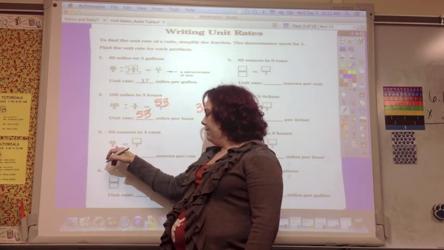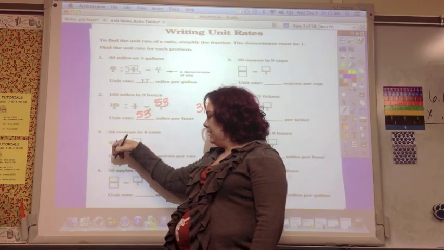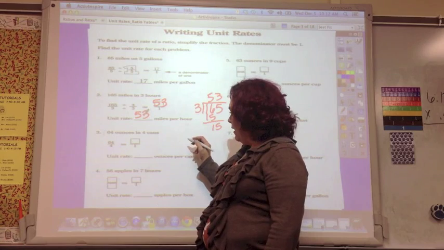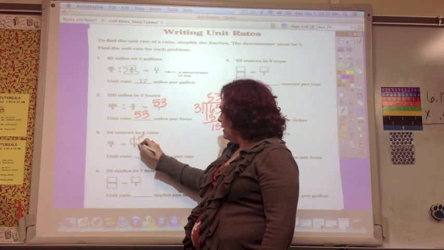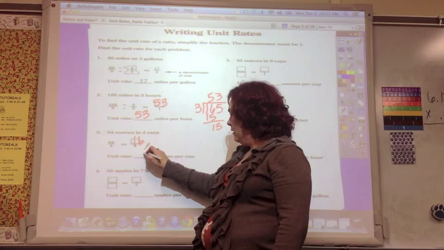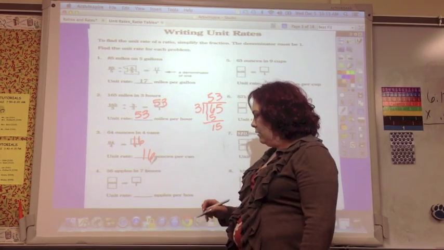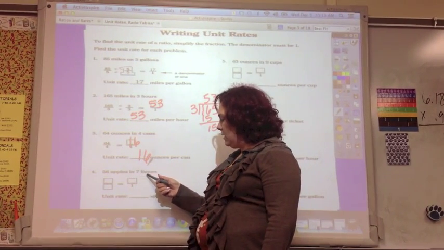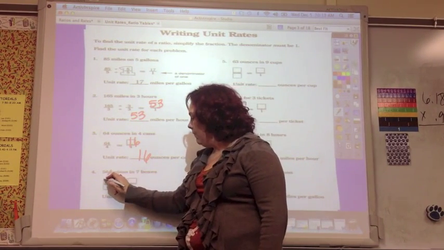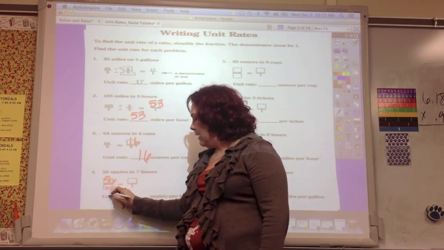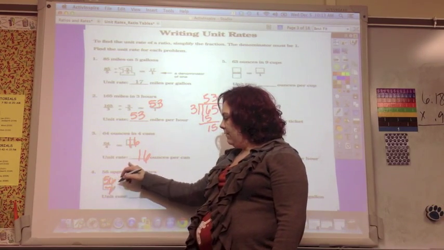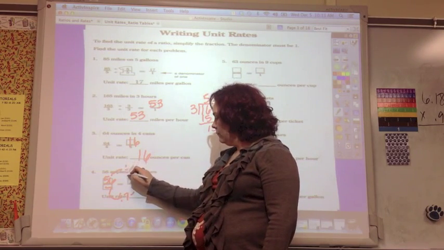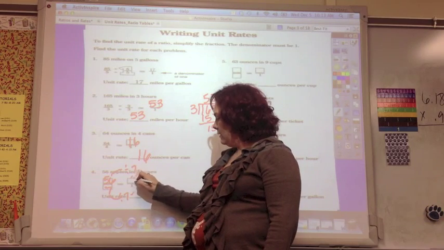And then 64 ounces in 4 cans, 64 over 4, divide by 4, and that would be 16 ounces in a can. And then now you start filling in the boxes. 56 apples in 7 boxes. So 56 out of 7, divide by 7, is 8.